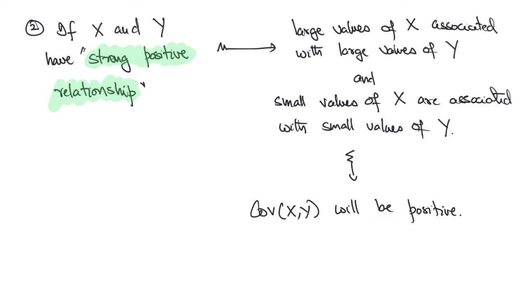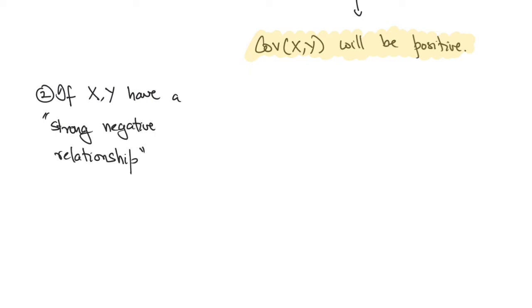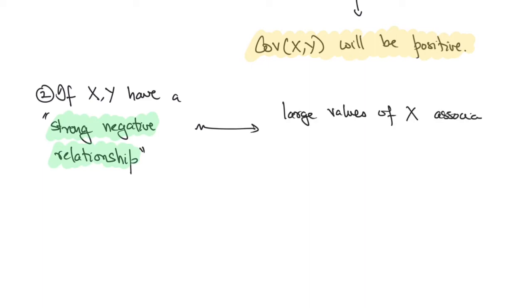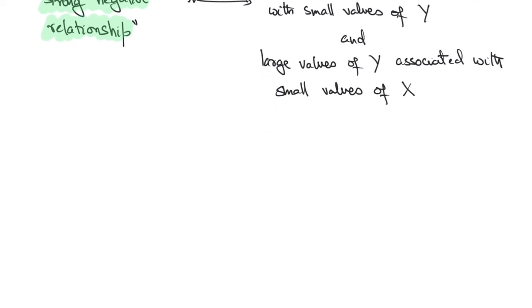In a similar way, if x and y were to have a strong negative relationship, that is to say that large values of the random variable x are associated with small values of the random variable y, and large values of the random variable y are associated with small values of the random variable x, we will get that the covariance between the random variables x and y will be negative.